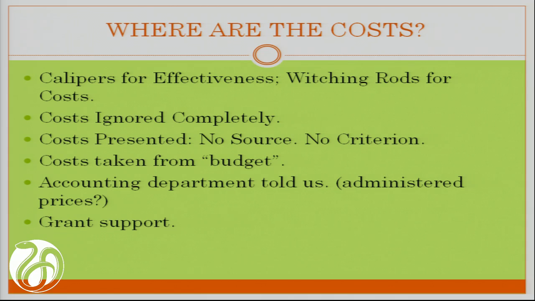The budget is not necessarily a full or accurate metric for determining what those costs are. In some of these studies, you just get what the accounting department told us, particularly in hospitals, and then they use administered prices. God knows what those data mean.